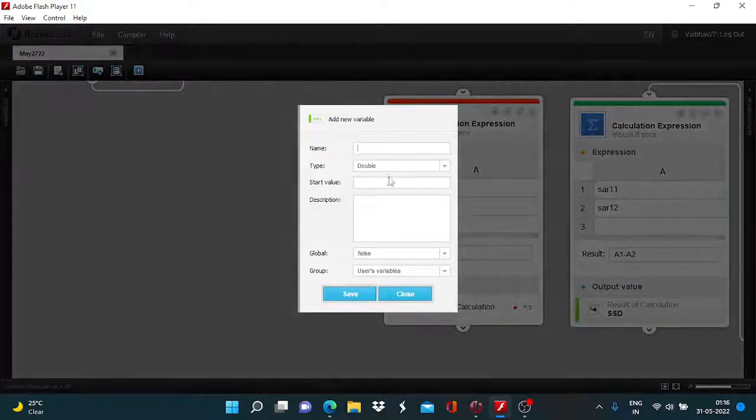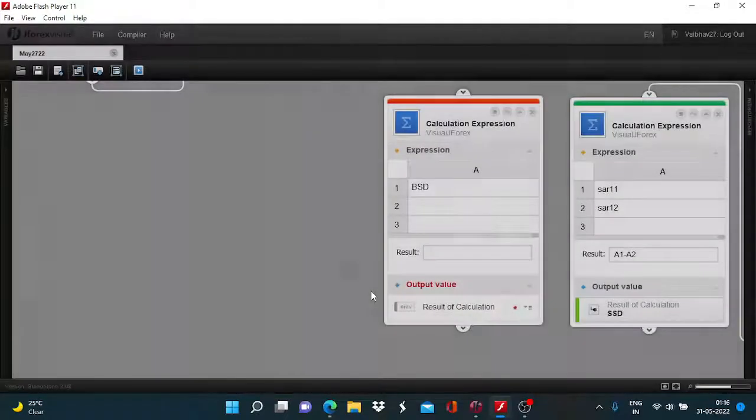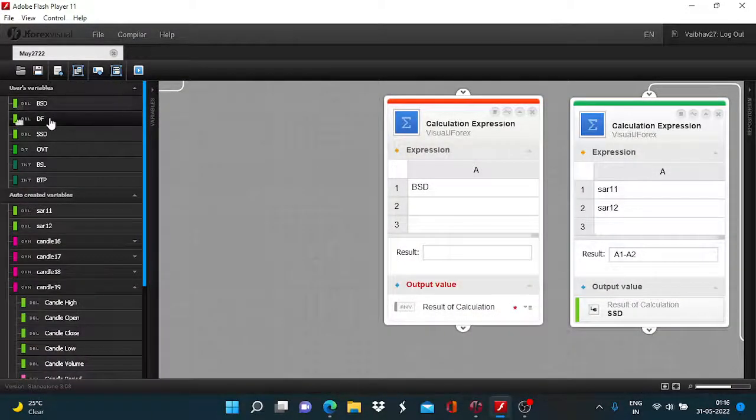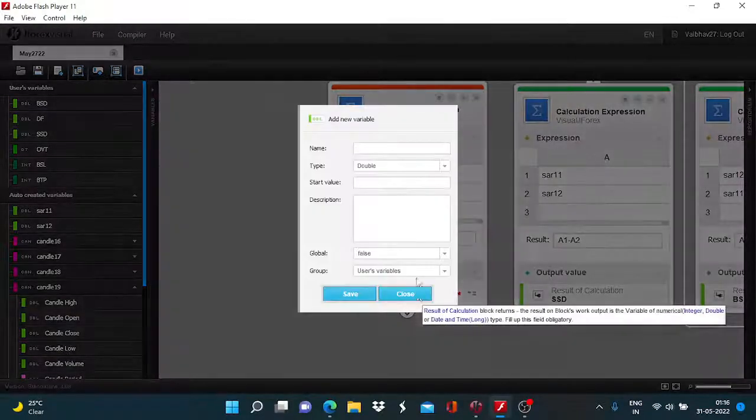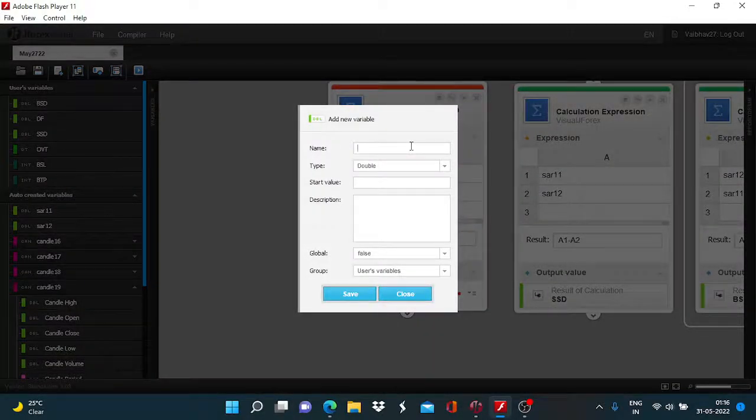So I will have to create a new variable with the start value of 2, and this will be named as dividing factor, DF. So here a1 divided by a2, half of buy side difference.